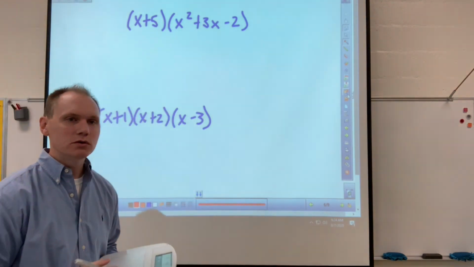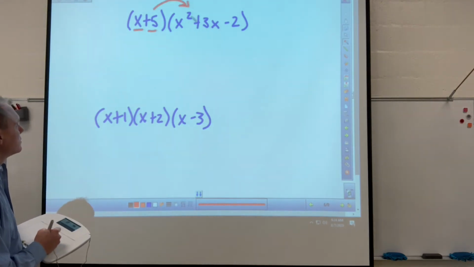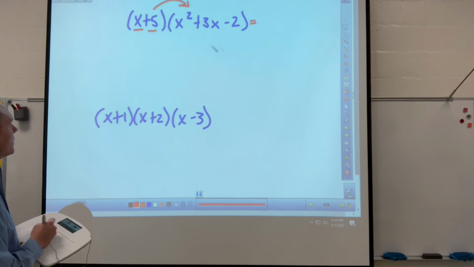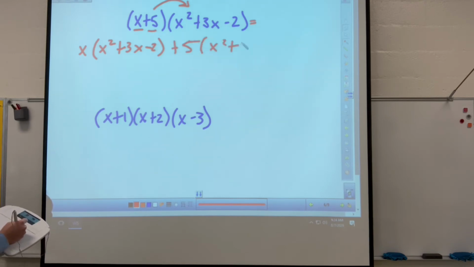Let's just distribute each of these terms into the second parentheses. So that's going to be equal to, if we distribute x into this parentheses, x times x squared plus 3x minus 2, plus 5 times x squared plus 3x minus 2.